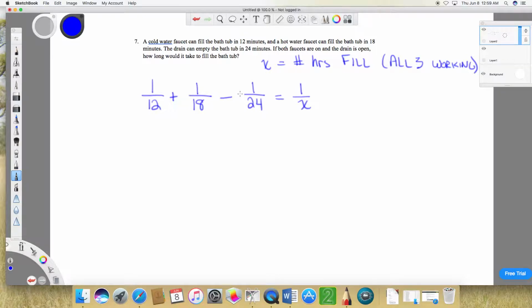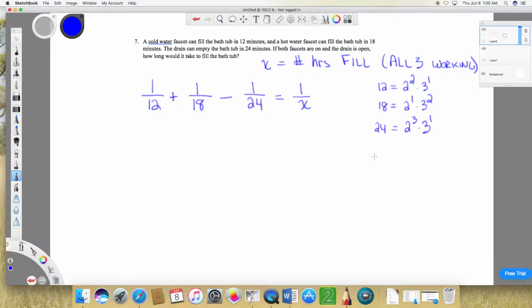So let's get a common denominator. What denominator do I want? Let's see, 12 breaks down to 4 times 3. 18 breaks down to 2 times 9. And 24 breaks down to 8 times 3.